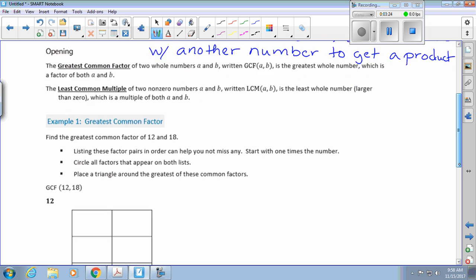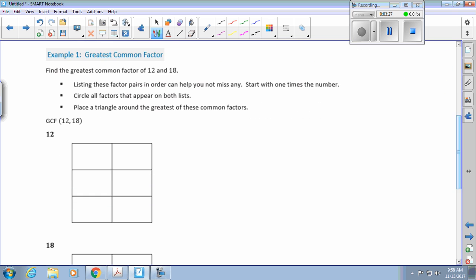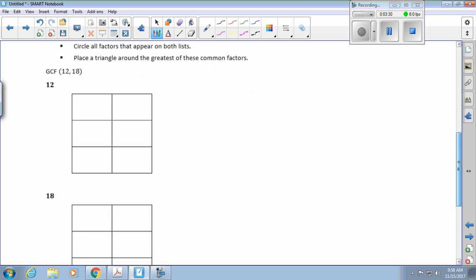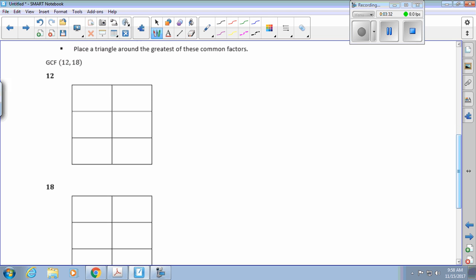So we'll do some examples and then it won't seem as confusing. All right, so the first thing we're going to do is break up 12, and we're going to start by listing the factors. If everybody could write that down on the side.